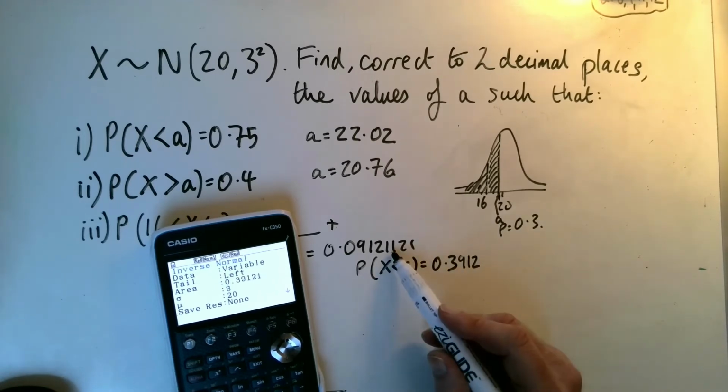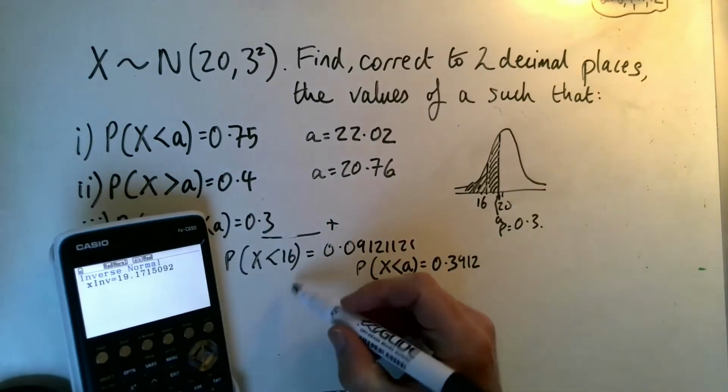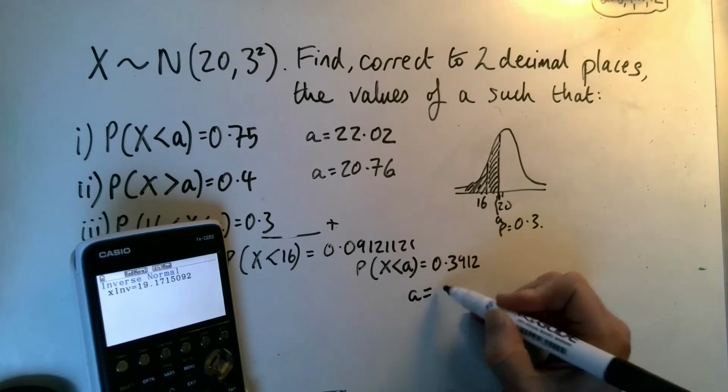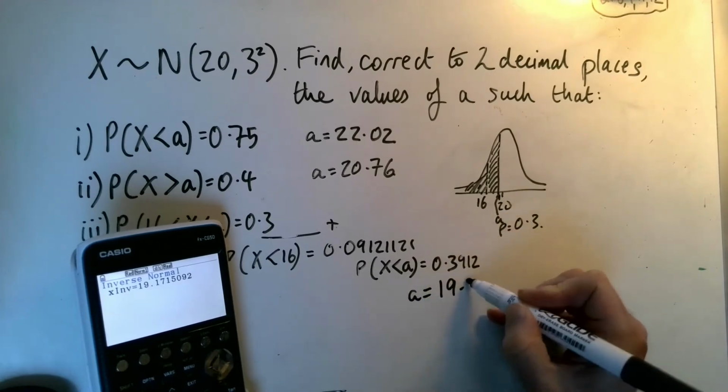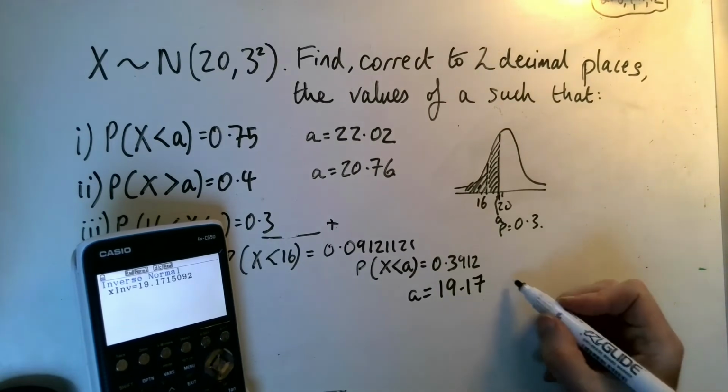I'm just going to put everything that I've got there in, and that gives me an A being 19.17 to 2 decimal places.